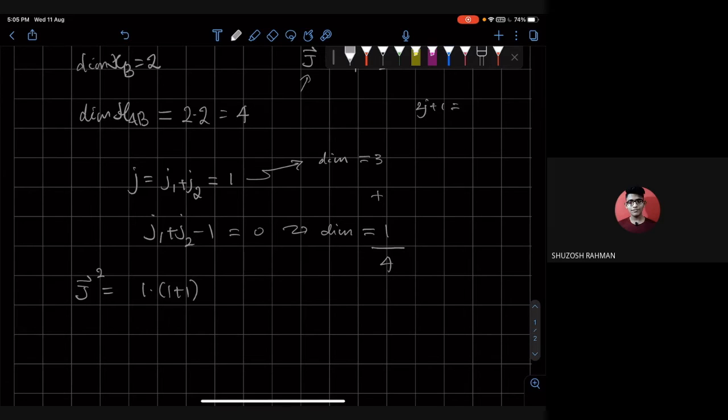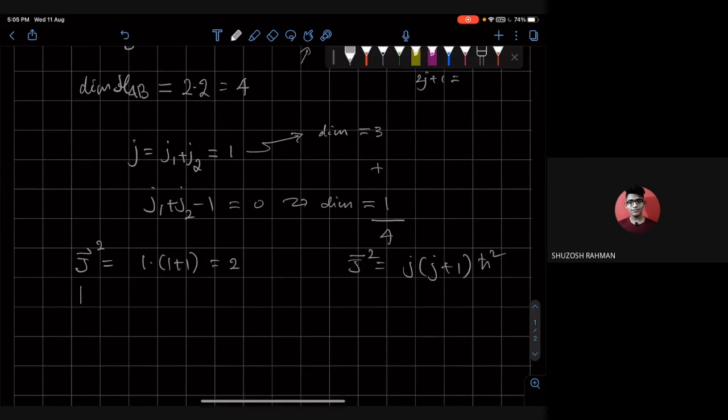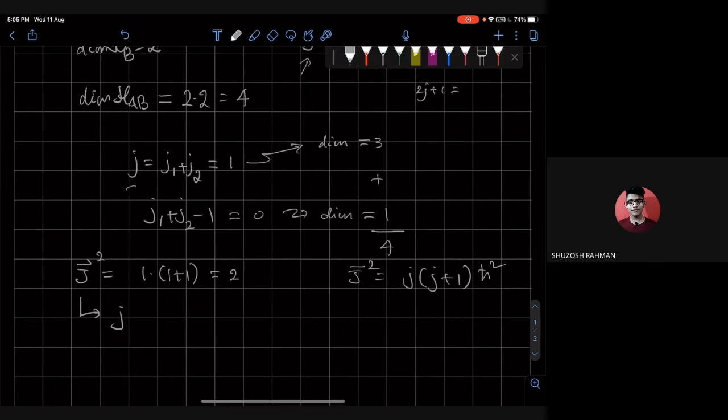Because we know that the angular momentum J squared is going to be J times J plus 1, times H bar squared. So this is 2. I've defined J to be this, so let's call the total angular momentum quantum number J prime. Then J prime equals 1, right?